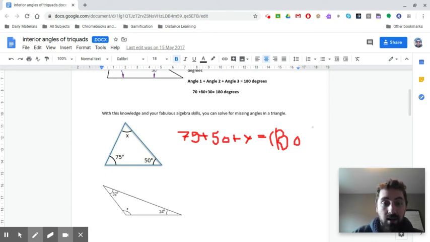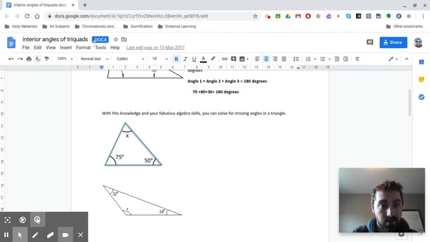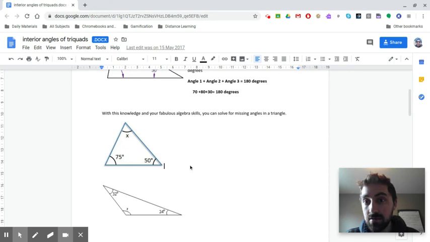So what we have to do is add that up. If we add up 75 and 50, that would give us 125 degrees. And so if we subtract 125 degrees from 180 degrees, that would give us 55 degrees. So the leftover from that, this x value, would be 55 degrees.